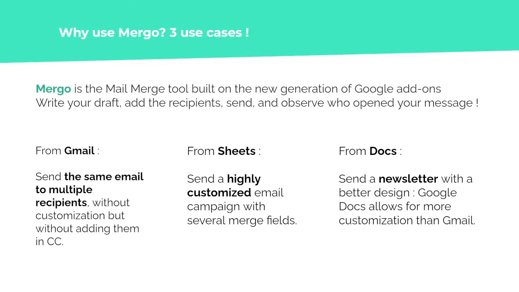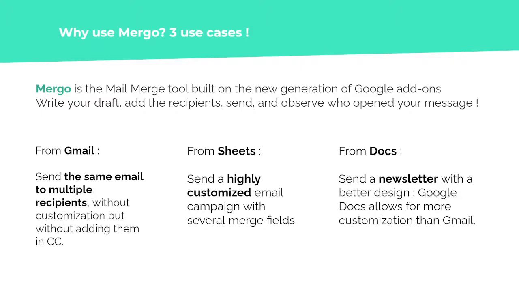Okay, so there are three ways, three interfaces with which you can use Mergo. The first one is from Gmail. As we will see in the first example, it's really the easiest way to use Mergo. It's the way to send one simple email to multiple recipients without customization, so without merging fields, if you know what I mean.